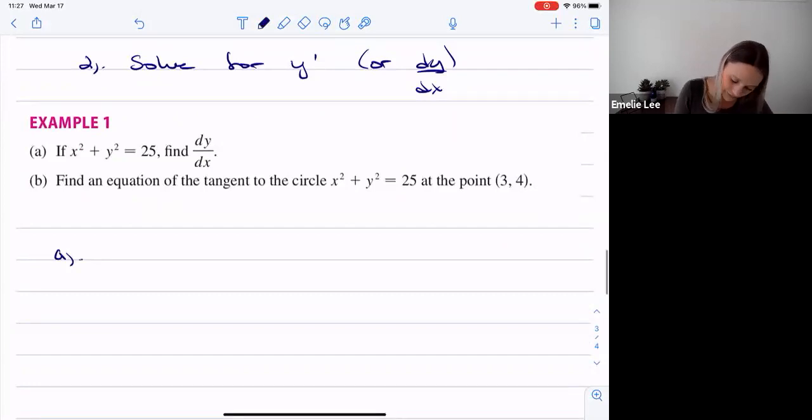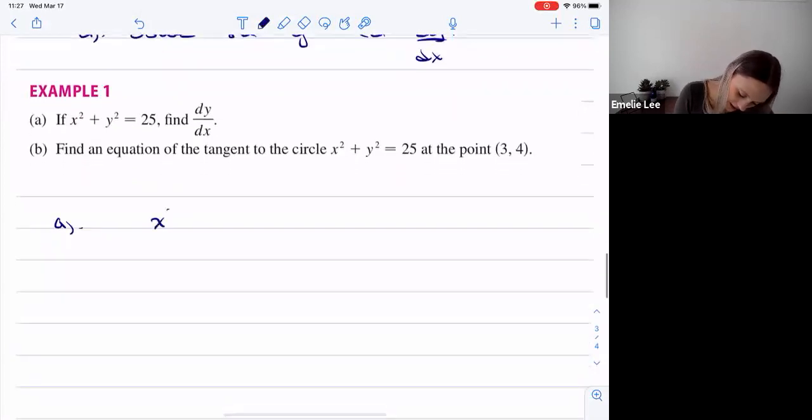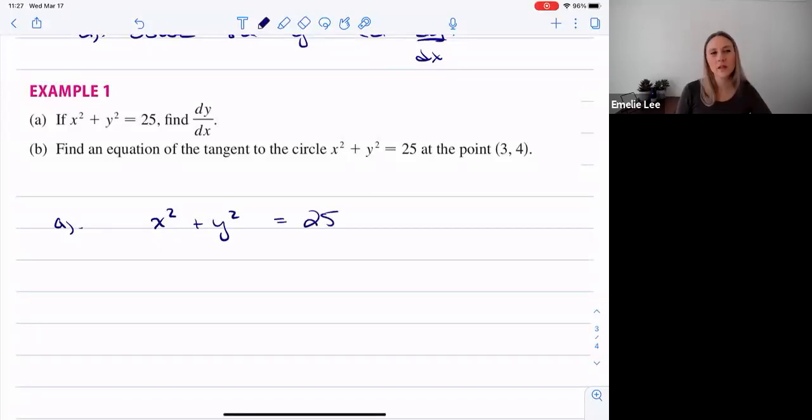For real. So if we have x squared plus y squared equals 25, without the dy dx or d dx notation, it's hard to illustrate that you're going to take the derivative, and it doesn't really make sense to just jump in and do the derivative without telling anyone on paper that that's what you're doing, right?